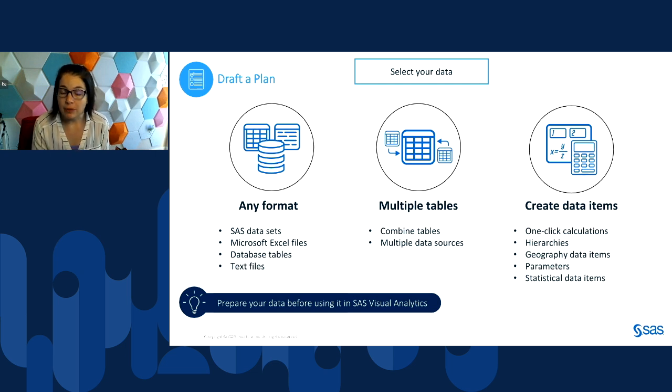Also, once I'm in the report and I'm using visual analytics, I can create some data items for my report. I can create one-click calculations like the difference from the previous period. I can create hierarchies to enable drill down to different levels of my data. I can create geography data items that enable me to view data on a map. I can create parameters that enable the report viewer to have more control over the report.